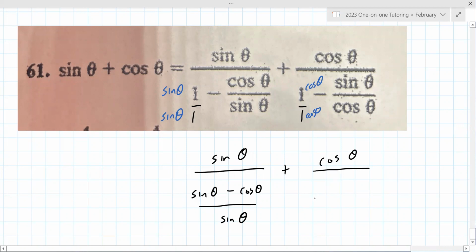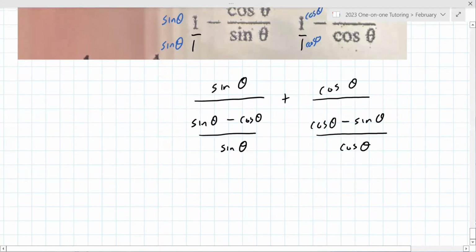here we've got cosine theta minus sine theta over cosine theta. So it kind of looks worse. It might get better.